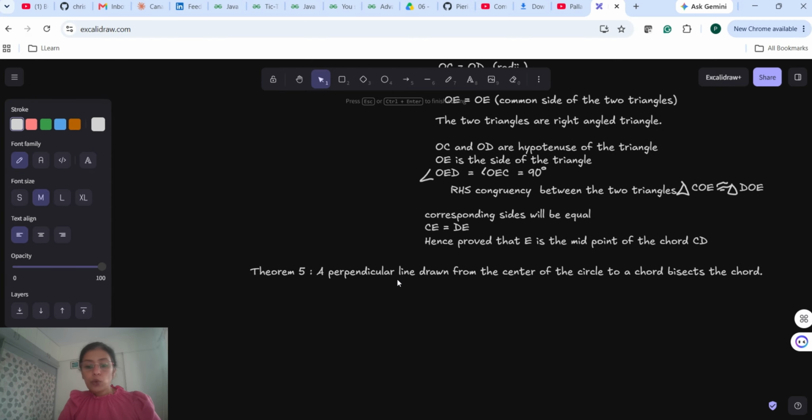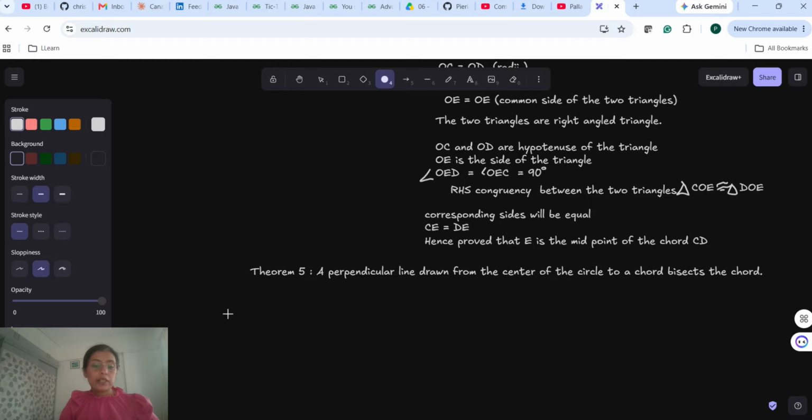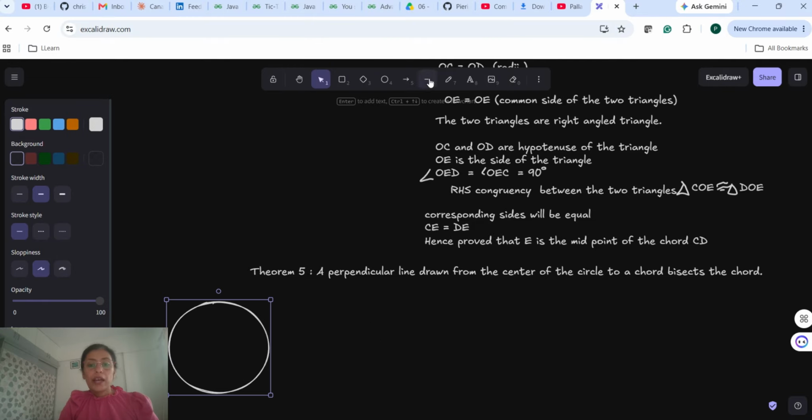So before we close, let's do one more theorem. That will be the last, I promise. So for that, we'll draw a circle. And this time we have to take two chords. Let's take two chords.